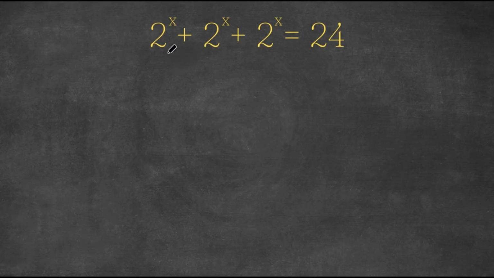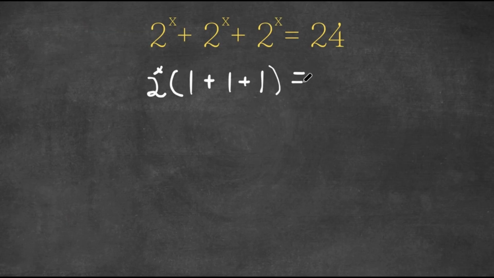Now what I'm first going to do is, from the left-hand side, because we have 3 terms that are the same, factor out 2 to the power of x. So now we have 2 to the power of x times 2 to the power of x divided by 2 to the power of x, which is 1, plus the same thing, 1, and plus the same thing once again, 1.